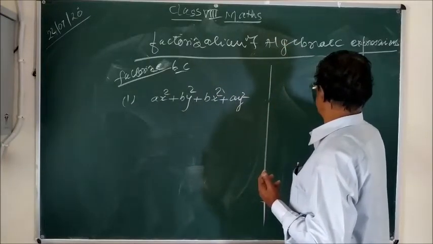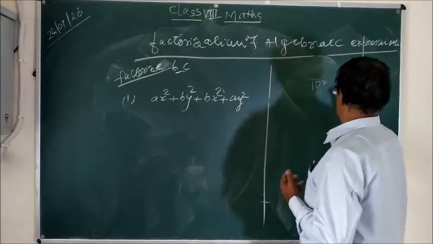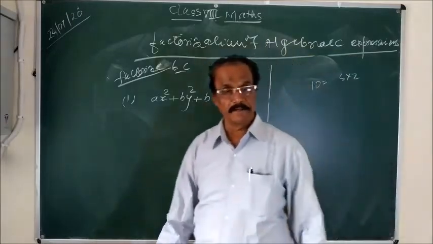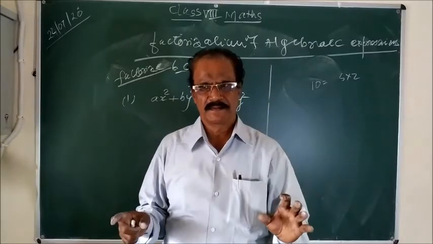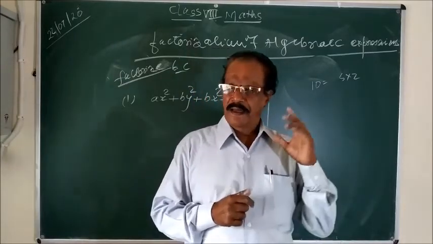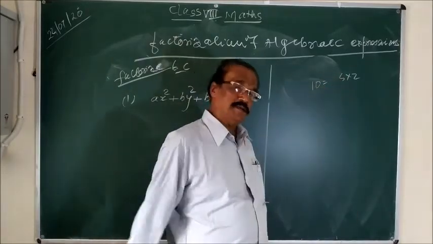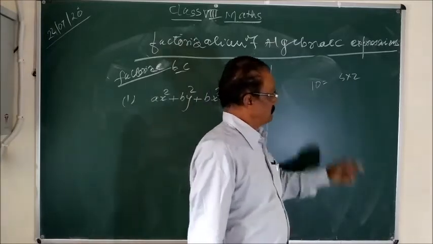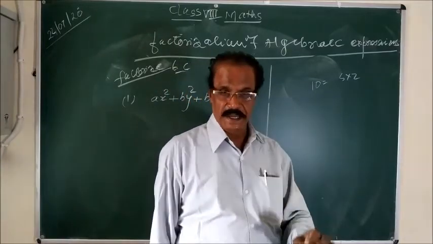Suppose 10 is a number, so you can write 5 into 2. What are 5 and 2? 5 and 2 are called factors of 10, because 5 and 2 both divide 10 completely. The same principle is also used in algebra.